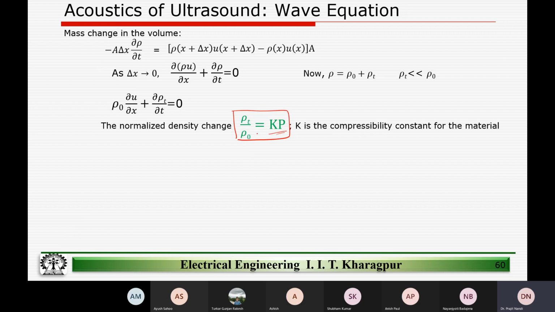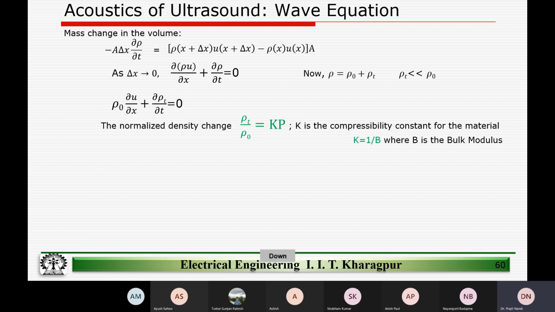It kind of makes sense, right? You can see why this equation makes sense. If the pressure is high, and of course if the pressure is fluctuating with time, if it keeps changing with time, then the time varying component will be proportional to the pressure that we are applying, right?